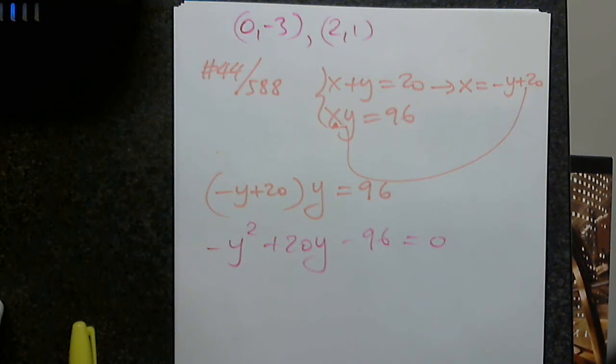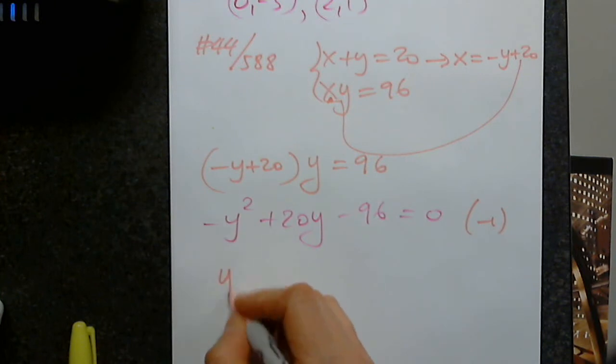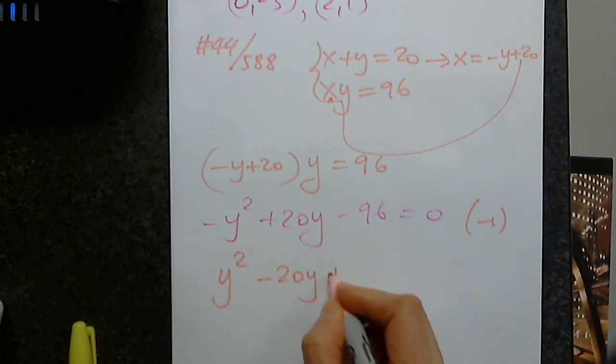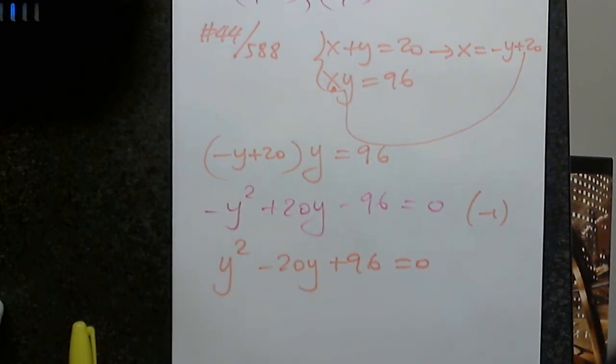What now? Of course. Please make sure factor, simplify and clean it up are always on your mind. y squared minus 20y plus 96 equals 0. Now if you say, I don't want to waste my time by factoring because it's 96, then you will use what?